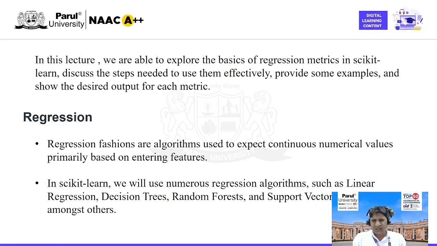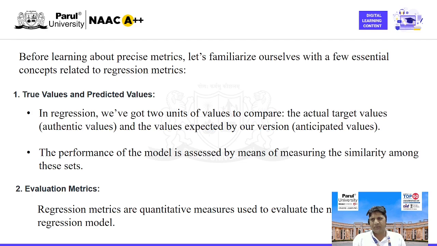There are so many regression techniques and models available, but here we explore linear regression, decision trees, random forest and support vector machines, and many other algorithms are also provided.